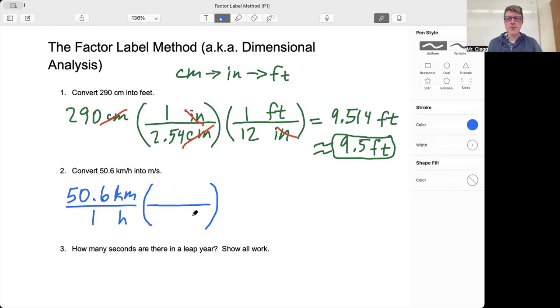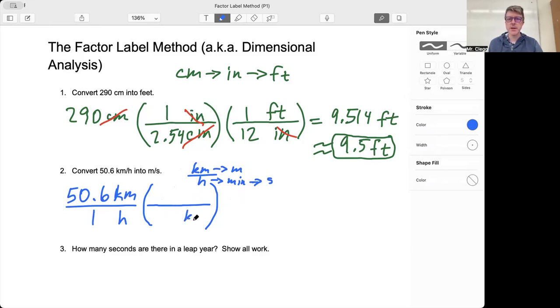I'll start with kilometers. Oh, by the way, sometimes I like to map out my solution. So I want to do kilometers to meters. And then on the bottom, I want to have hours to minutes to seconds. I know you could go directly to seconds, but I'm going to demonstrate the full process where you go through both steps.